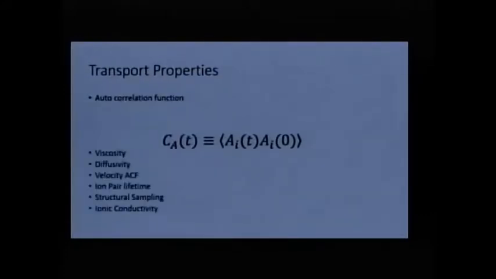Using autocorrelation functions, we can get viscosity, diffusivity, velocity autocorrelation function, ion pair lifetime, and structural sampling. Kalini told you about this in her talk about spectroscopy calculations, and also ionic conductivity using autocorrelation functions.